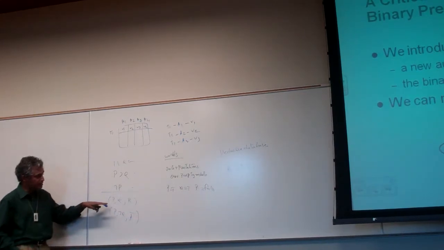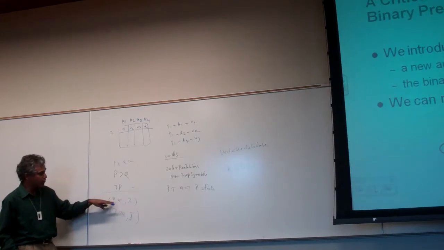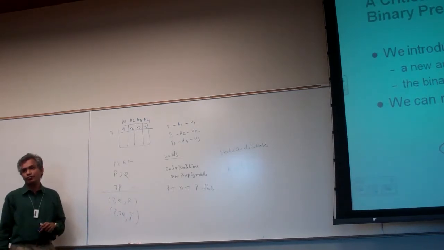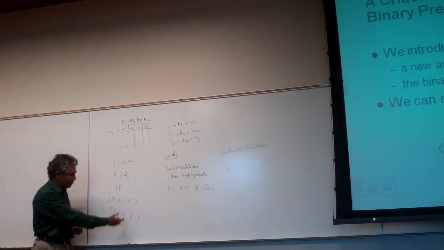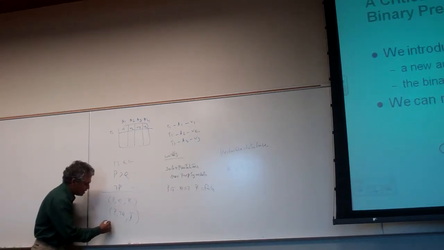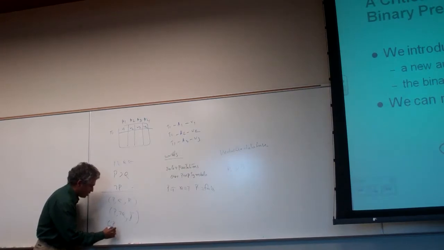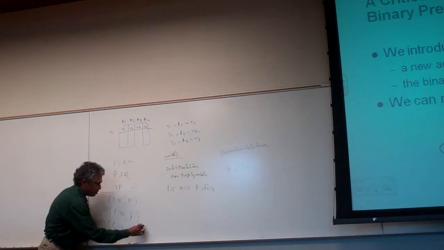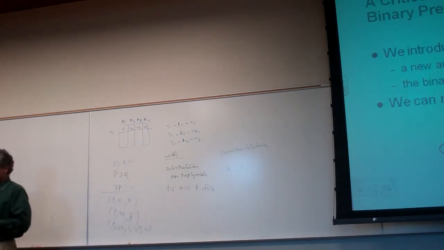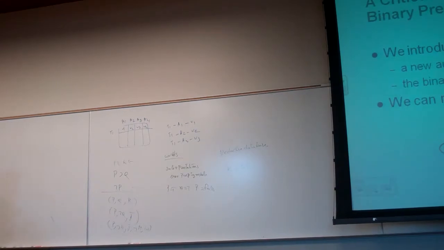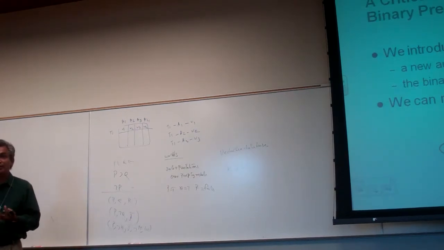And what that means is this clause is satisfied if any one of these is true. Normally a clause can be arbitrarily long. You can say P, not Q, J, not M, W. It turns out that Boolean satisfiability is known to be NP complete.